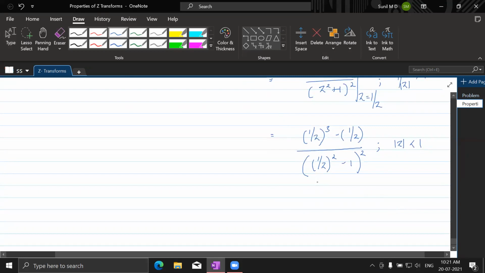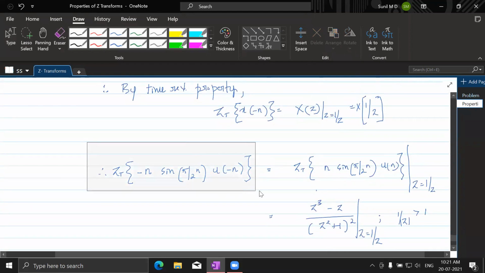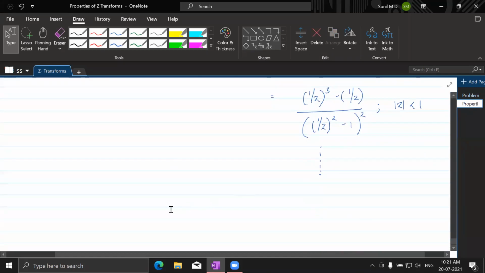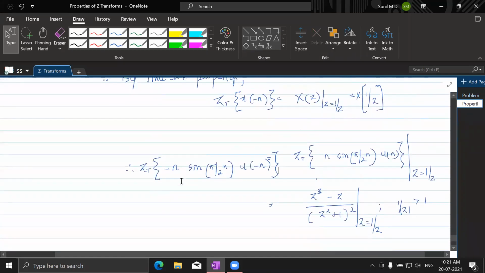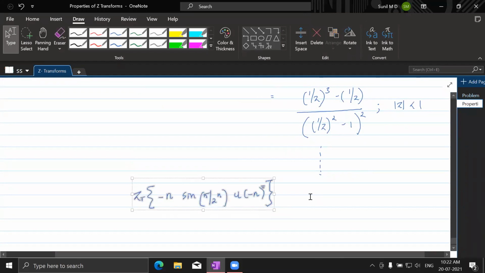Understand? So if you do all this and see the Z transform of this, it would happen to be, just obtain this yourself, Z minus Z cube divided by Z square plus 1 whole square, with region of convergence inside the circle with radius 1.